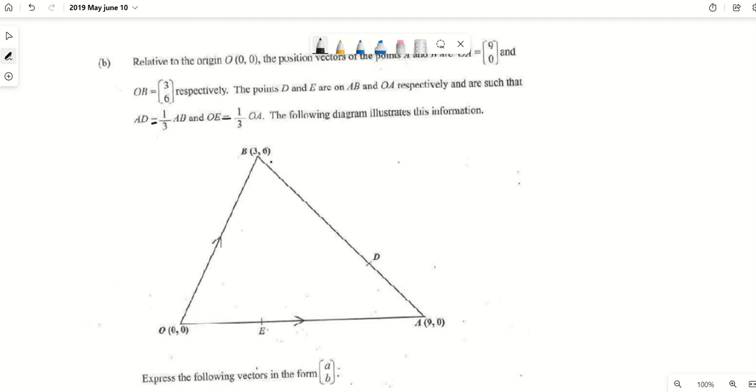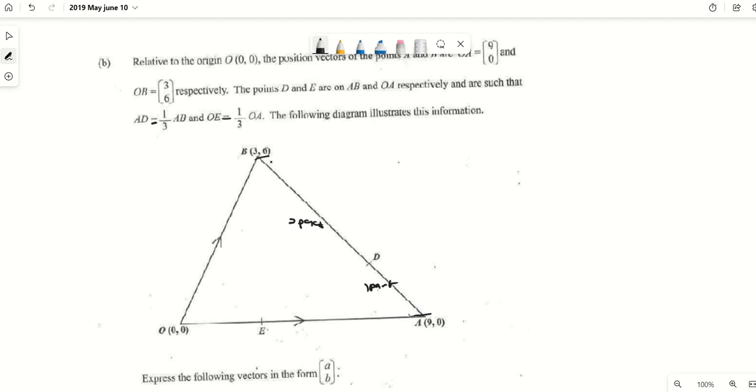This would be AD is equal to, if we count, it has 3 parts, right? So this would be 1 part, and this would be 2 parts, because the entire AB is actually 3 parts, because it's in a fraction of 3. So if we know anything about fractions, this entire line AB would have been in 3 parts, where AD is 1 part and the remainder is 2 parts, right?